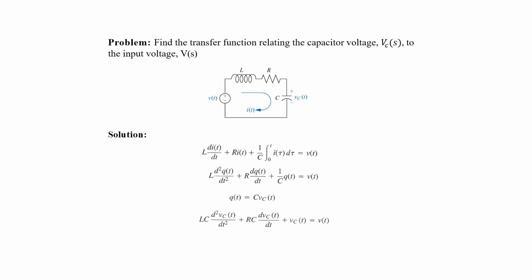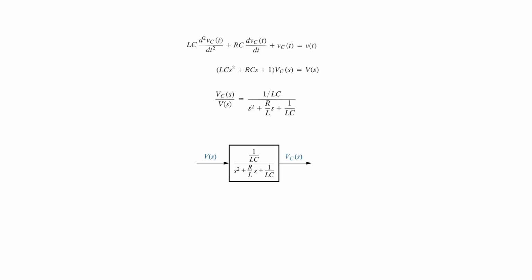You have gone through this problem in the previous lecture, where you found the differential equation by using the KVL, and by applying the Laplace transform you found the transfer function. So this is the final transfer function you found by taking the Laplace transform of the differential equation.